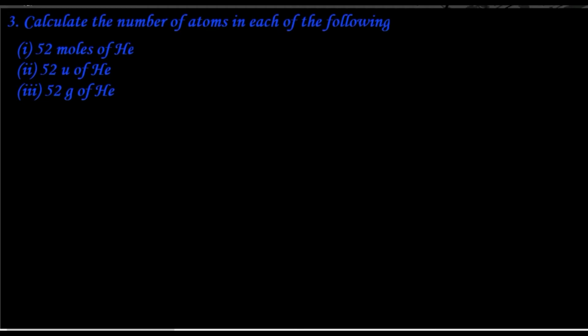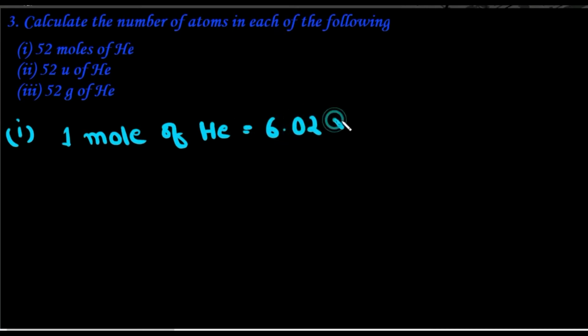So let us first deal with number 1, that is 52 moles of helium. We know that 1 mole of helium is equal to 6.02 into 10 to the power 23 atoms.